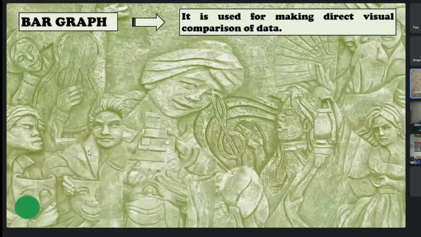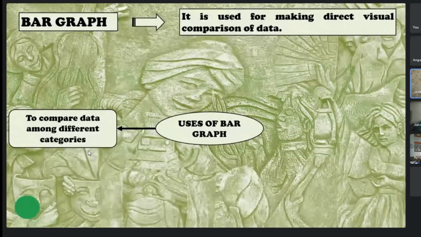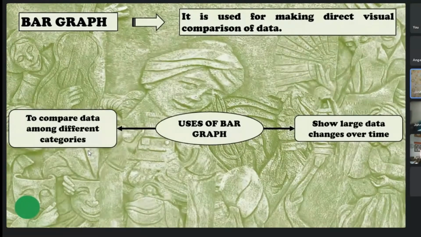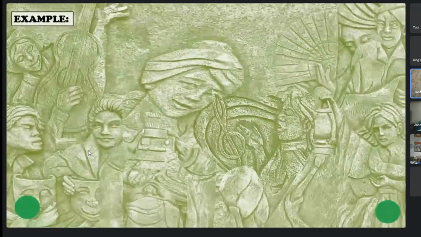So if we want to represent data using a bar graph, it should be a comparison between each data. We can also use a bar graph if we want to compare data among different categories, as well as to show large data changes over time. The keyword for the bar graph is comparison among different categories.